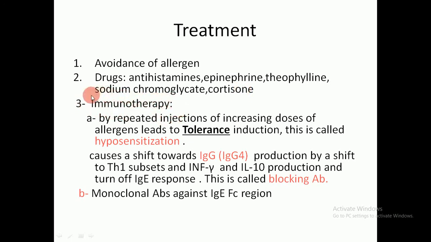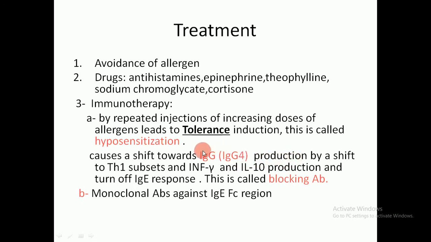Here what is important is immune therapy. Immune therapy can be achieved by repeated injections of increasing doses of allergen in order to induce tolerance. This is called hyposensitization, not hyper, hyposensitization. This mechanism is due to a shift towards IgG, specifically IgG4 production.